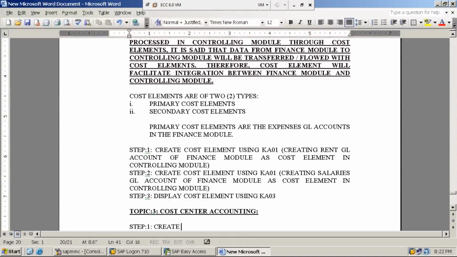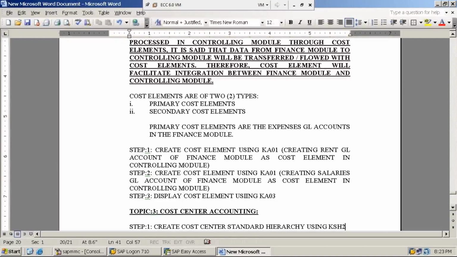Step number 1: create cost center standard hierarchy using KSH2.